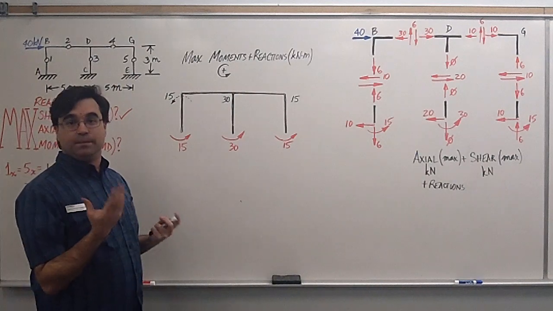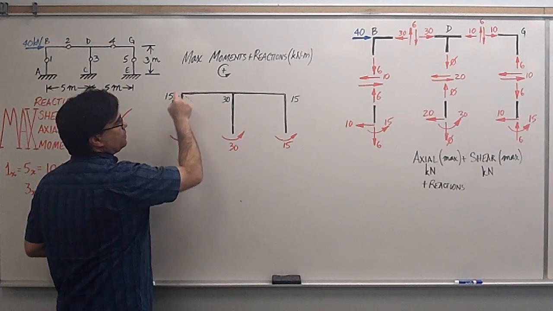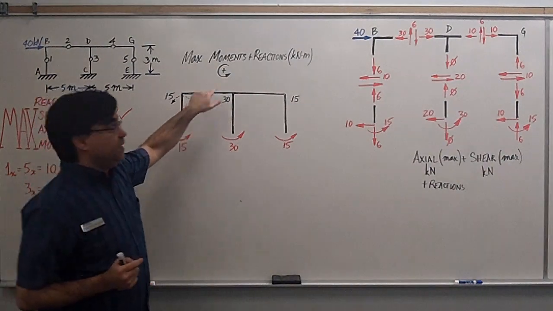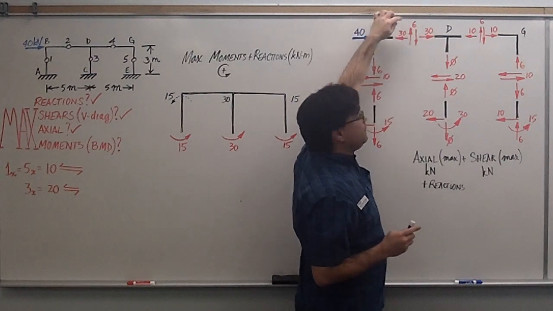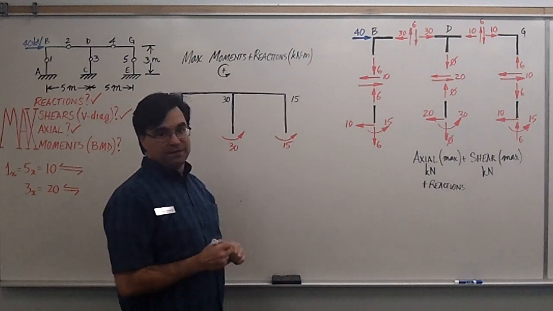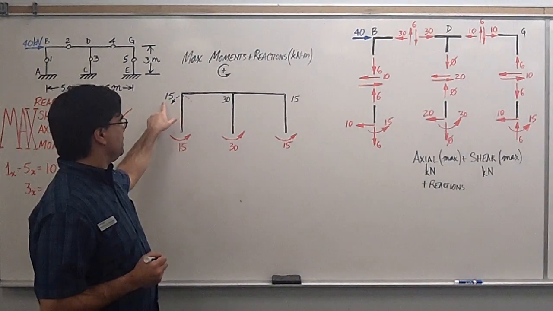Let's see if it works with the beams. We want to find what the moment is at this end here to make sure that it works with the beams. The shear in the beam is 6. With respect to this end, it's 6 up. 6 times half the distance, 2.5. That's 15. Okay, so that's interesting.